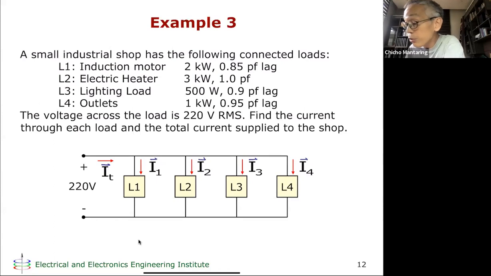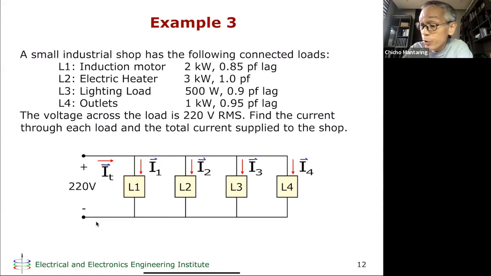And what I want to do is find the total current that needs to be supplied by my utility provider, in this particular case, maybe Meralco. Or if this were a generator, I want to know what the total current my 220 volt generator has to supply. Okay, so do you understand the scenario here?